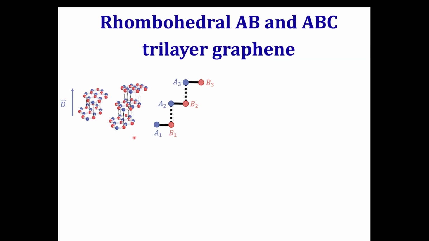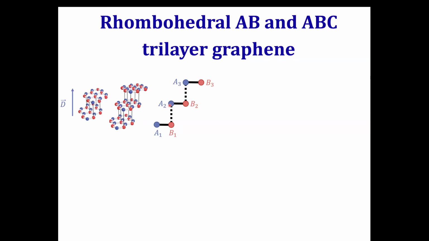But you can have a metastable state, which is very close in energy, the so-called ABC structure, which continues in this kind of staircase fashion. The thermodynamically stable one would be shifting this layer over here, such that the A3 would be right on top of the A1. That would be graphite, and this is the ABC or rhombohedral stacking. Just to make sure we're all on the same page.